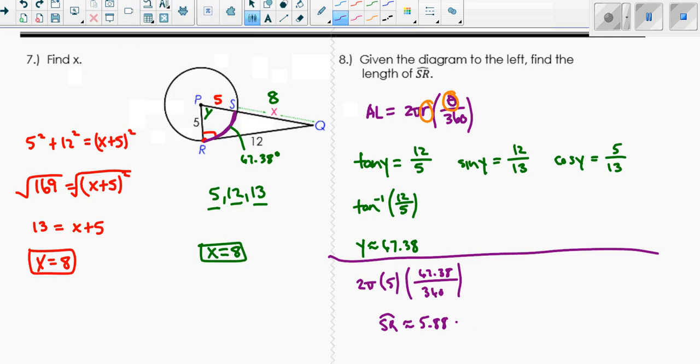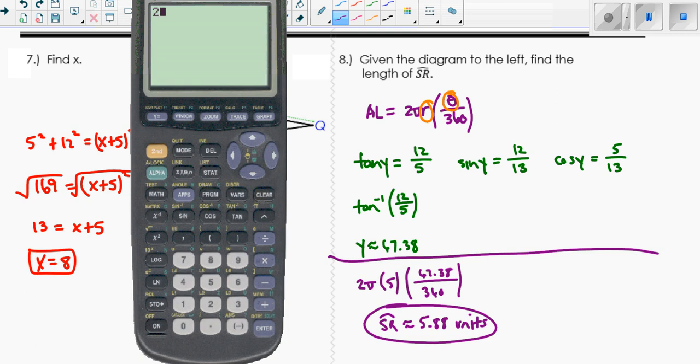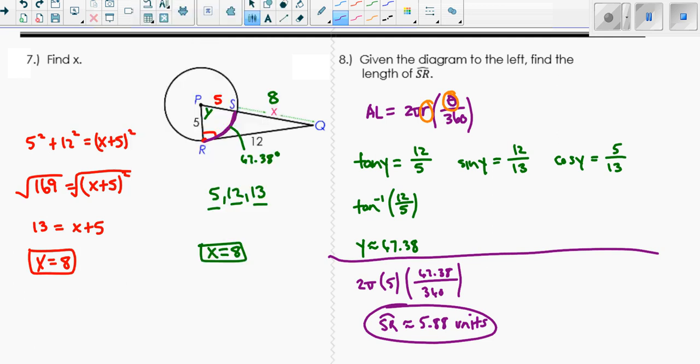No measurement, so units. Make sure you're putting units at the end. That way we know that this is a length and not a measure. Again, I can check to see if that makes sense, because 2 pi r would give me 31.42, which is obviously greater than 5.88, so therefore this actually is a portion of the circumference.